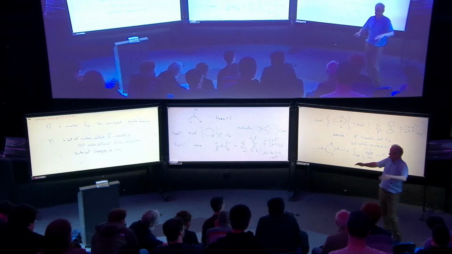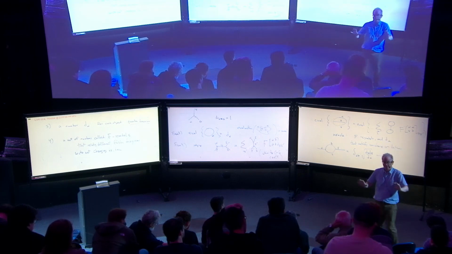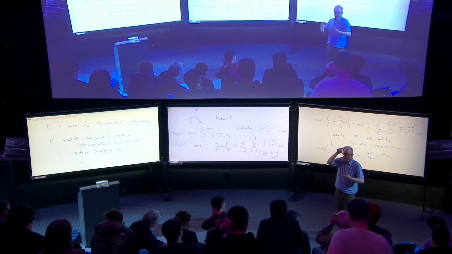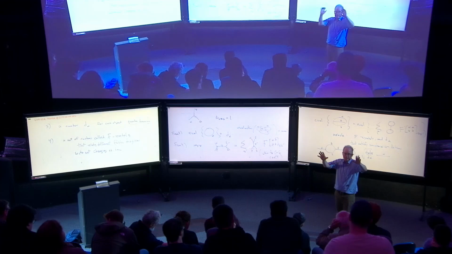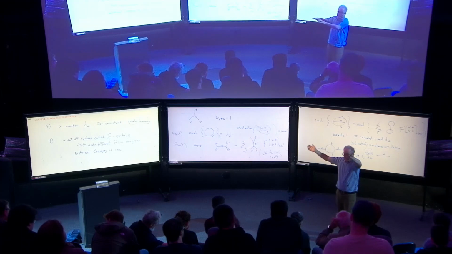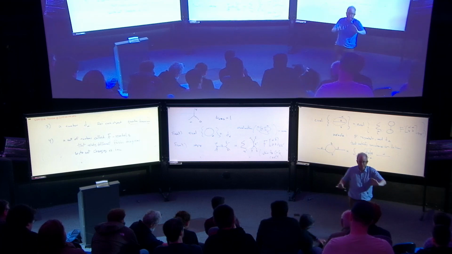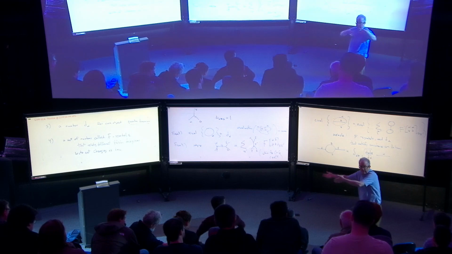First of all, you have to pick your category, because you have to do that before you draw your diagram, since the diagram is labeled by things in the category. So you pick your category, and then you write down whatever diagram you want, as long as it has trivalent vertices. And then it spits out a number.